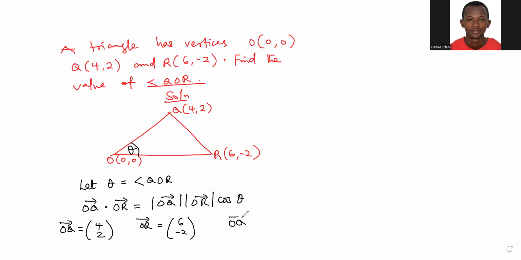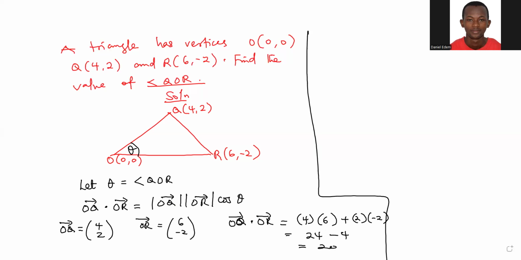So the dot product of OQ and OR will be 4 times 6, plus 2 times minus 2. So 4 times 6 is 24, and 2 times minus 2 is minus 4, which gives you 20. Okay.